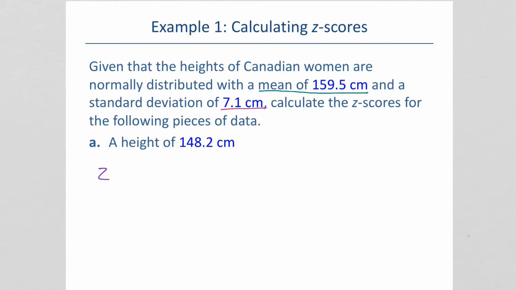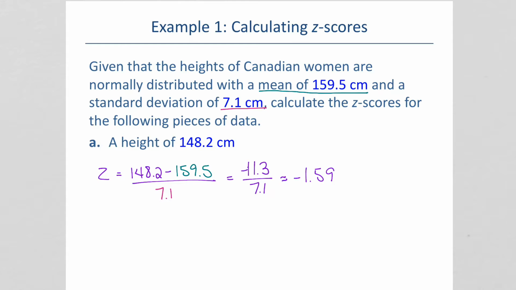So a height of 148.2 centimeters, we would take 148.2, subtract the mean of 159.5, and divide by the standard deviation 7.1. We get negative 11.3 divided by 7.1, or approximately negative 1.59.